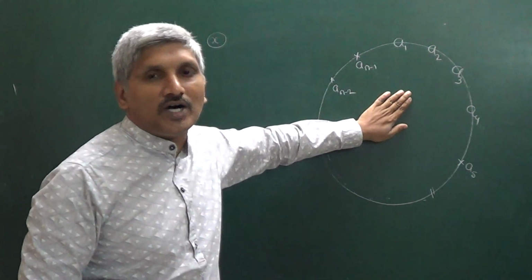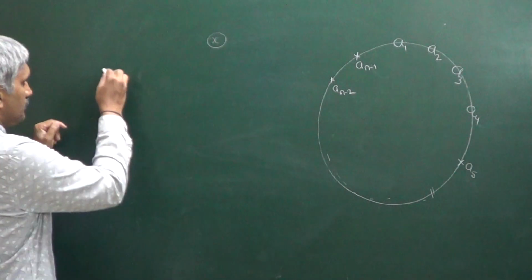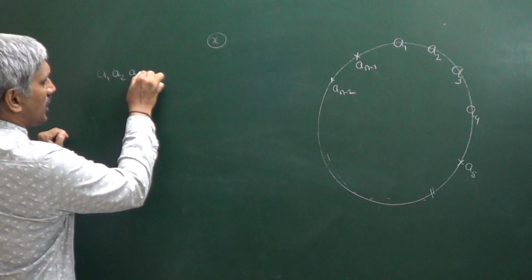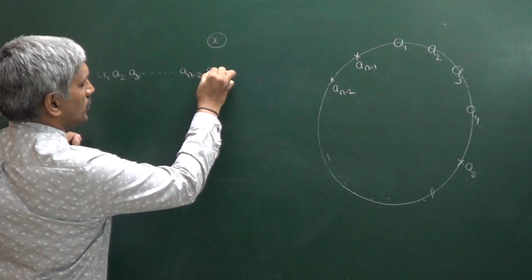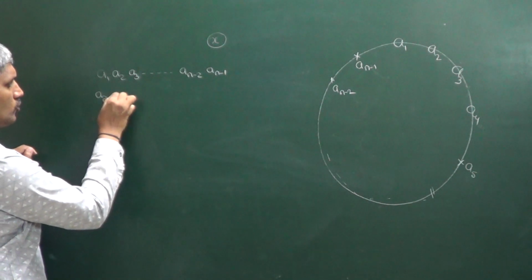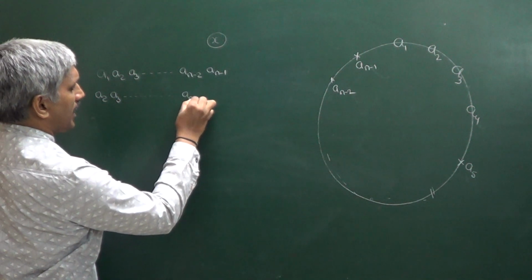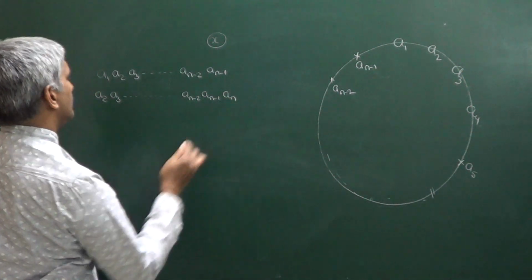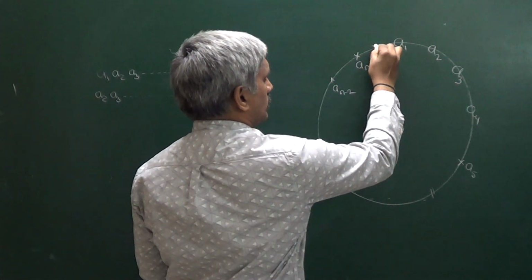This single possibility will give us A1, A2, A3 and so on, A n minus 2, A n minus 1. Next, A2, A3 and so on, A n minus 2, A n minus 1, A n. Sorry, here up to A n, total n persons.